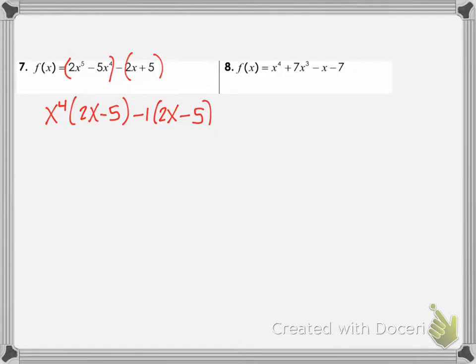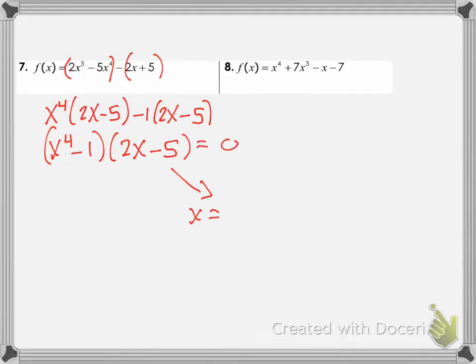Okay, so that gives us x to the 4th minus 1 and 2x minus 5. So this guy's no problem. He's going to be, that equals 0, x equals 5/2. And this guy, oh, this is a difference of squares, x squared plus 1, x squared minus 1.